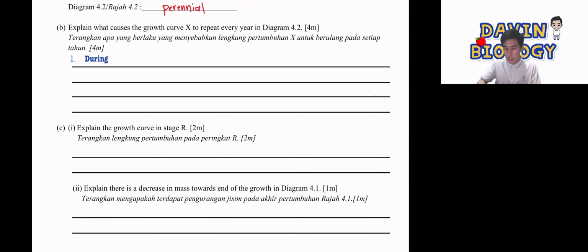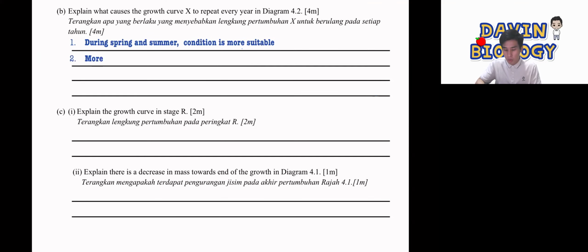During spring and summer, what will happen is there's more growth. You can say condition is more suitable. Therefore, more growth occurs, growth rate increases.